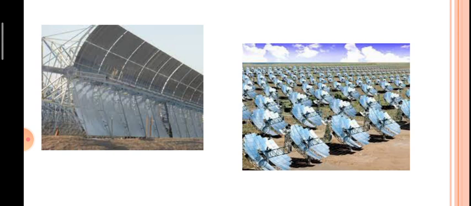As the sun changes its direction, these collectors should also change their direction so that the maximum solar energy is absorbed by the absorber. Thus, a maximum temperature of 350 degrees Celsius can be achieved for a very long period in a day.